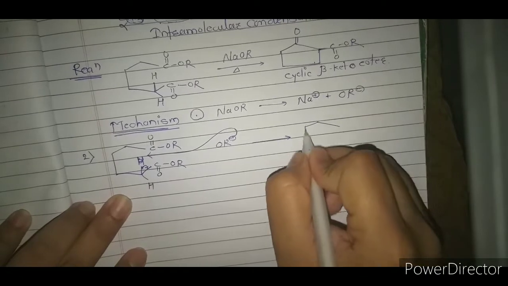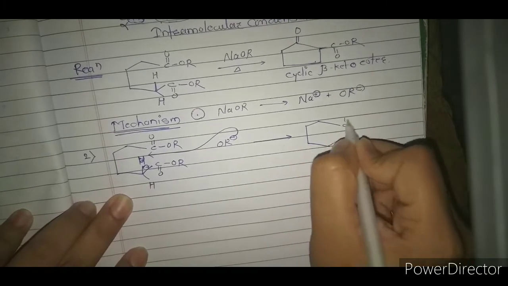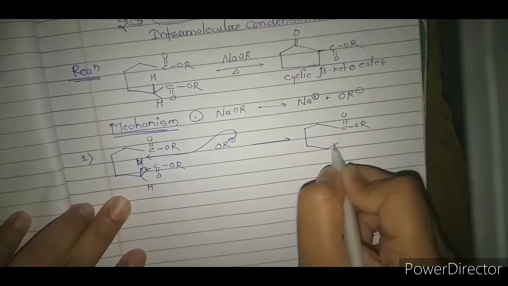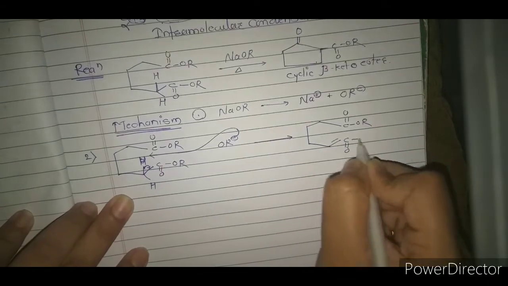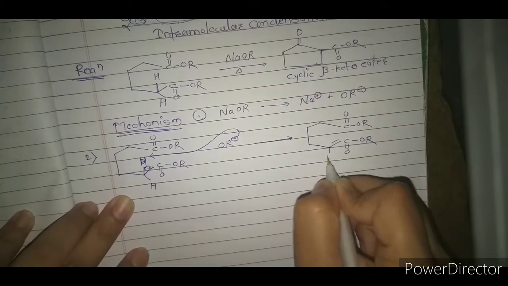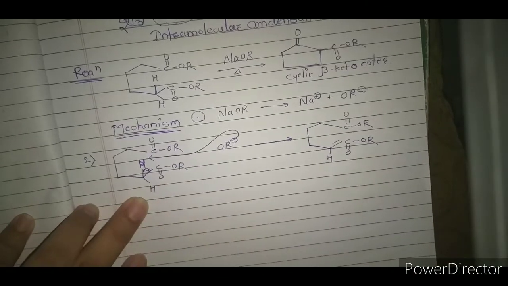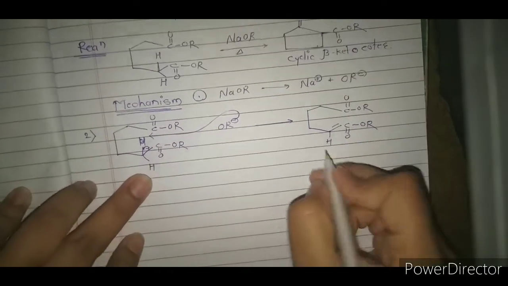So the alkoxide abstracts a proton from the diester, and from this intermediate one hydrogen is remaining, one is abstracted.